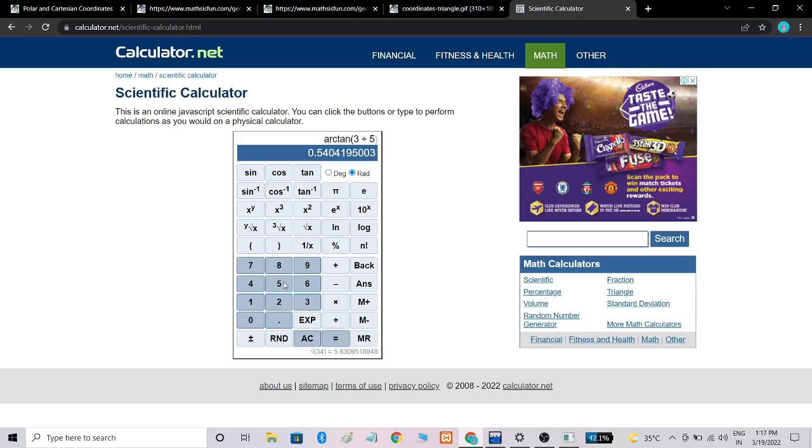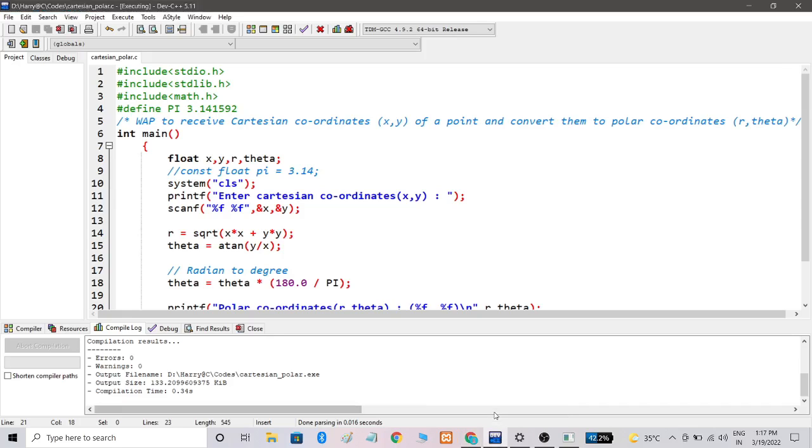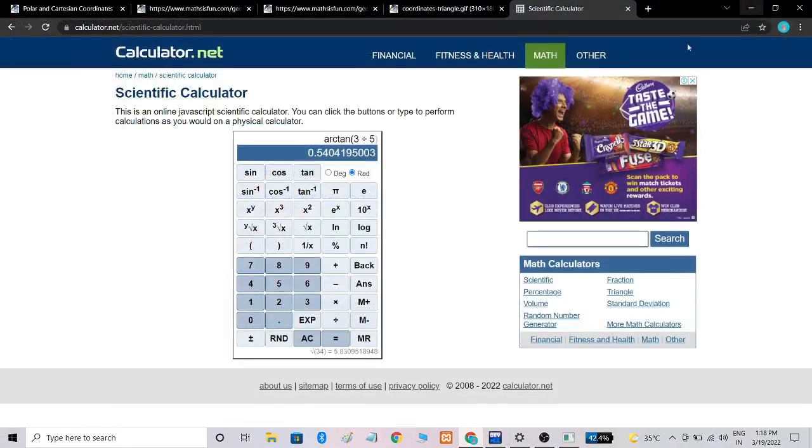Now, to convert this value into degrees, what we have used in the formula is theta multiplied by 180 divided by pi.